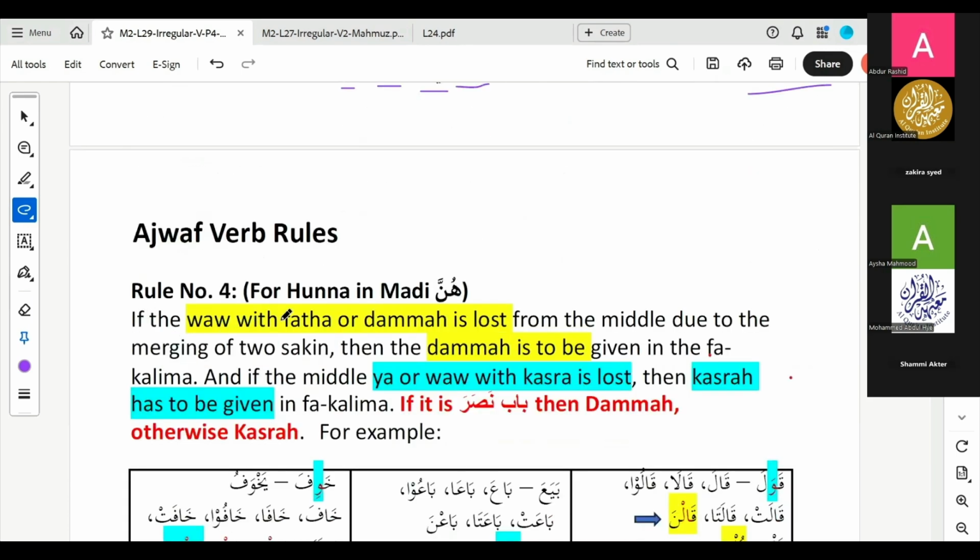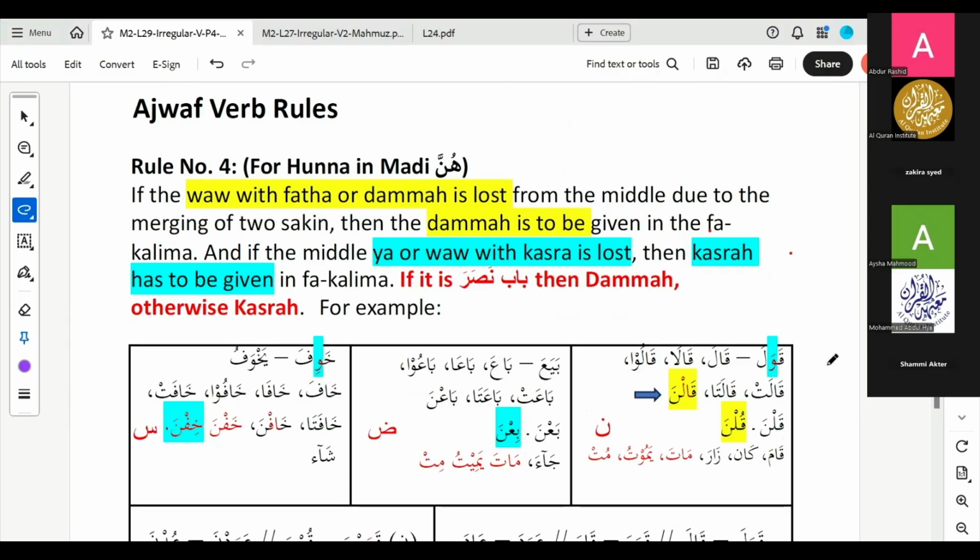Now the rule number 4, for the Hunna. So here for the above we have taken the Qawala pattern, right? So we'll conjugate this. Qala, Waw becomes Alif because the Waw is prominent, and before that we have Fatha, so Waw will change to Alif. It becomes Qala. Now if we conjugate Qala, Qalu, Qalat, Qalata.